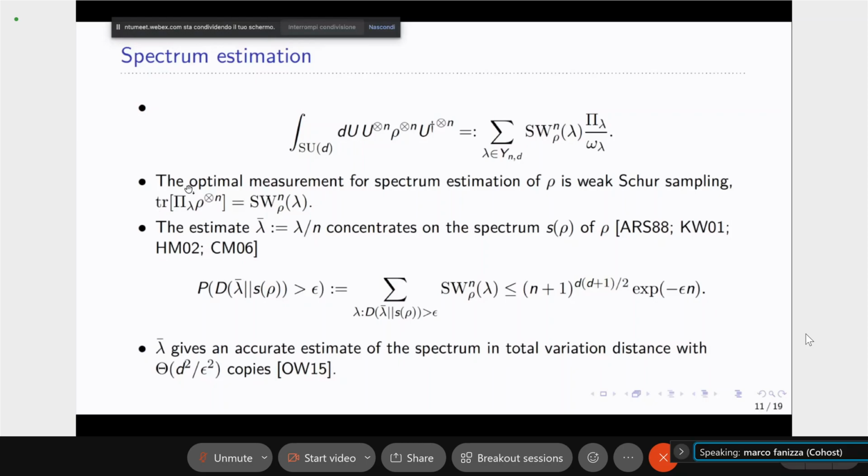And indeed, the optimal measurement for estimating the spectrum of rho is weak Schur sampling. And the probability of finding the label lambda is given by the Schur-Weyl distribution. If we then take the estimate lambda bar, which is the vector of the partition normalized by n, we get a good estimate for the spectrum of rho according to this exponential concentration. And in fact, lambda bar gives an accurate estimate of the spectrum in total variation distance with d square over epsilon square copies.